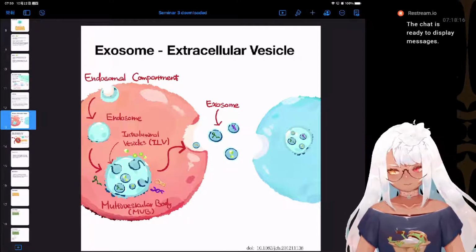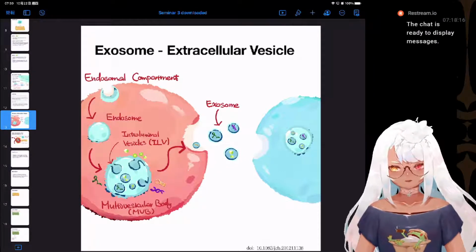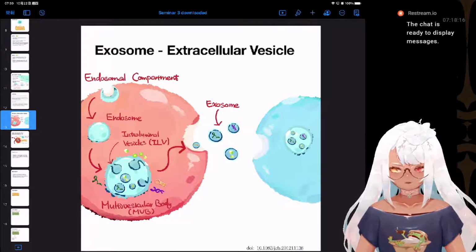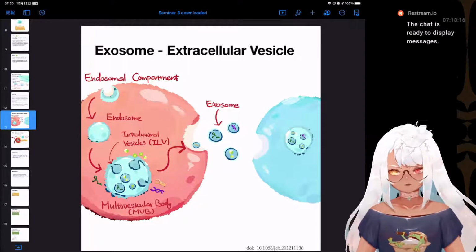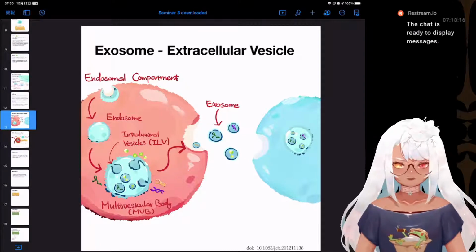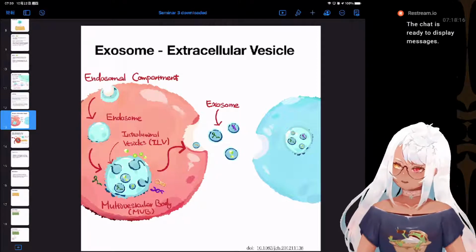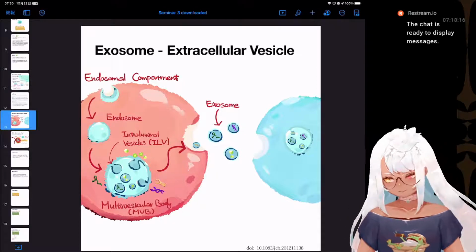And these exosomes can carry a variety of substances, for example, miRNA, RNA, DNA, proteins, lipids, and more. This is one of the very important mechanisms for cells to communicate with adjacent cells.